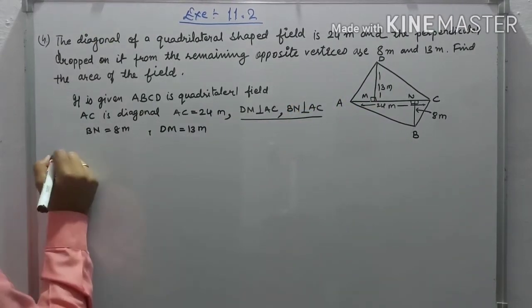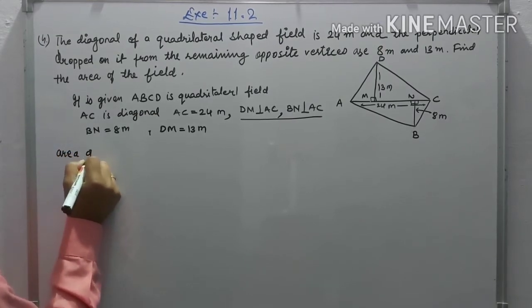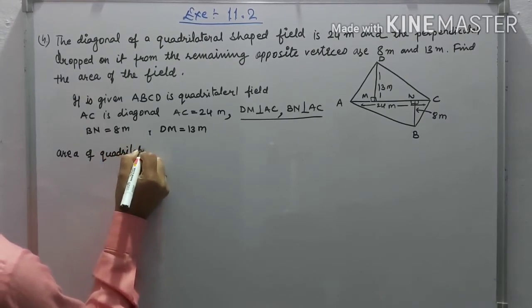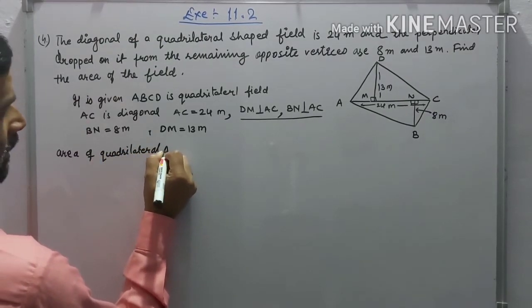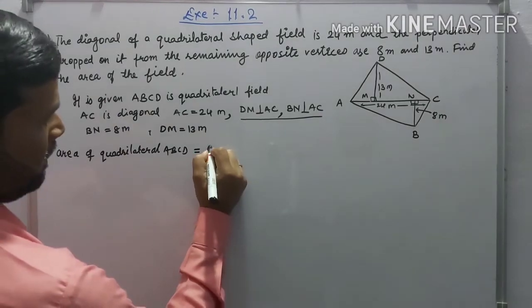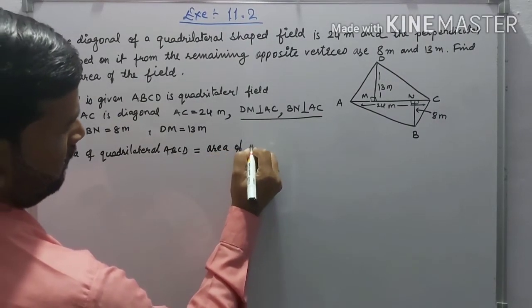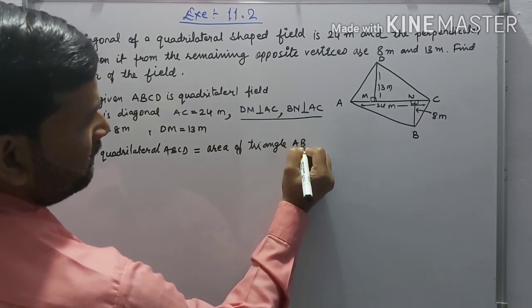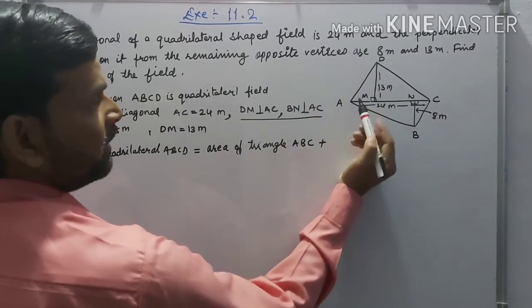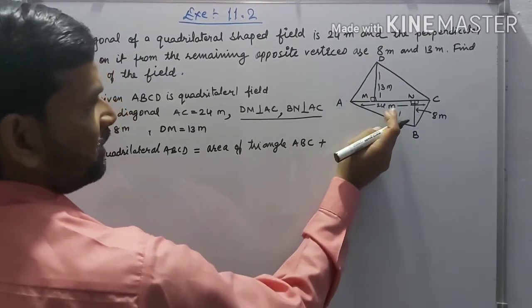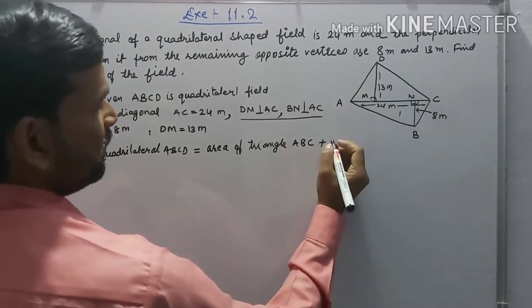Now the area of quadrilateral ABCD is equal to the area of triangle ABC plus the area of triangle ACD. The sum of the two triangles is equal to the area of the total quadrilateral.